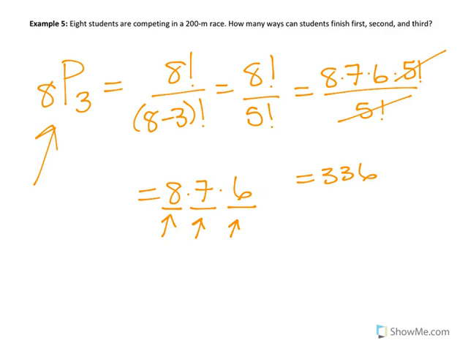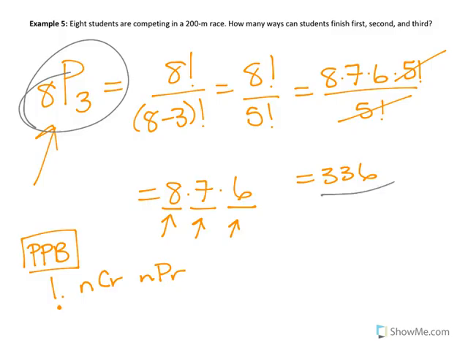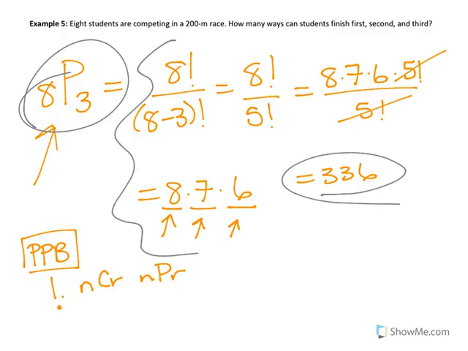If you have the pink calculator or the blue Texas Instrument calculators, you should have a PRB button, and inside the PRB will have your exclamation point, nCr, and nPr. So try typing it into your calculator, because you should get 336 without having to do all of this work.